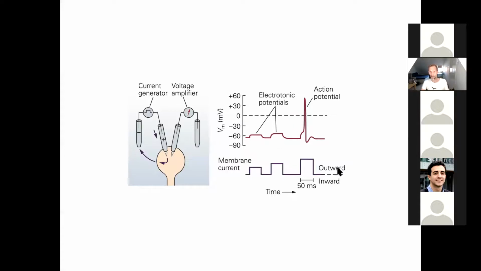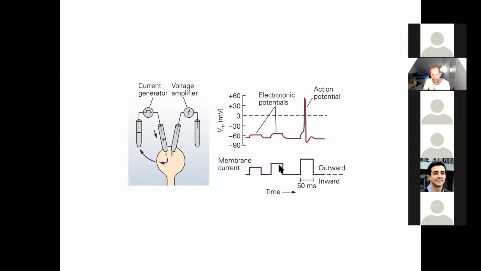You may have heard that by applying a current to a neuron via an electrode, here we have a current generator, you have a membrane current that creates voltage deflections of the membrane potential of the neuron. At different membrane currents, the first bump has a certain amplitude, a square pulse that doesn't quite produce an action potential.